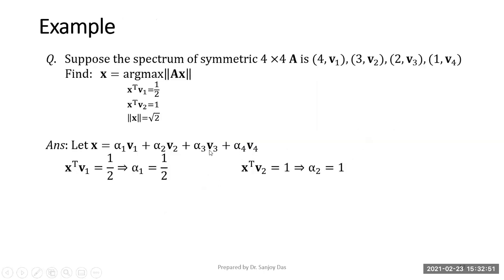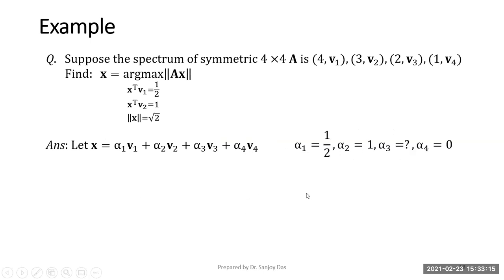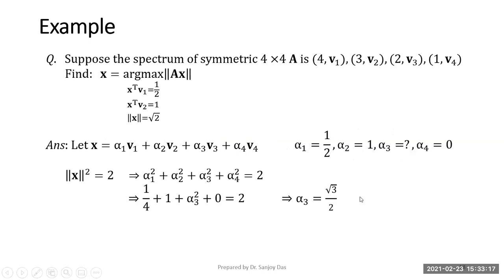Between V3 and V4, since I know that lambda 4 is numerically smaller than lambda 3, I let alpha 4 be equal to 0. Got it. Thank you. Okay, so that's my solution.